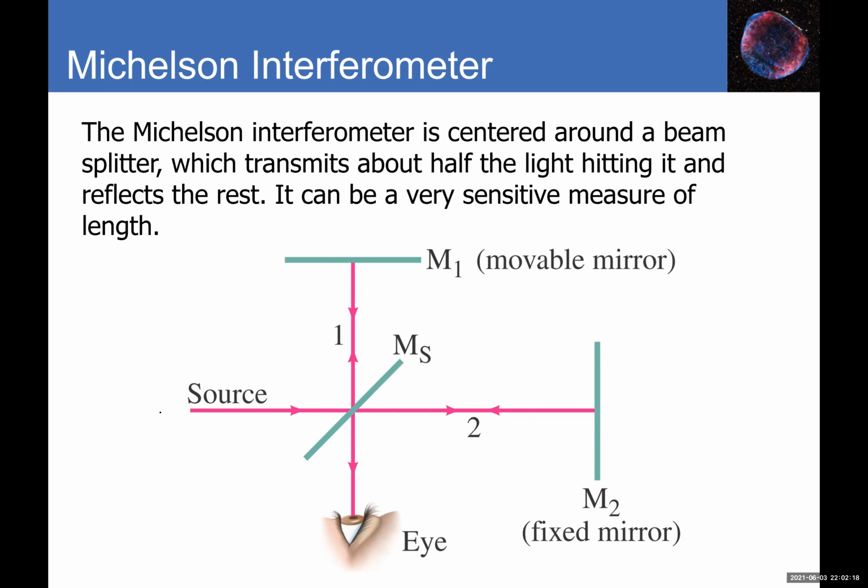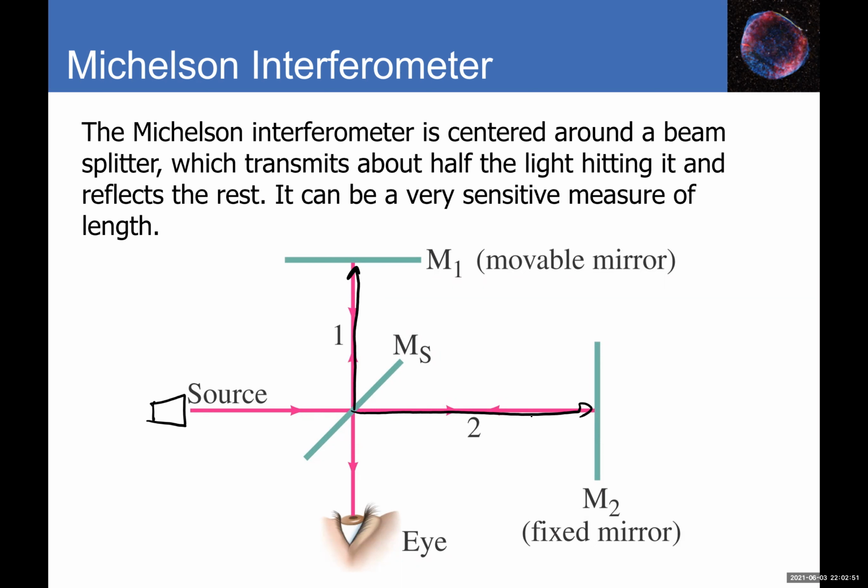So here we have some kind of light source that is incident on some kind of mirror that has a specific coating, like a silver coating that absorbs about half of the light, and only reflects the other half. That means it reflects half of it, but the other half can just transmit through the mirror.